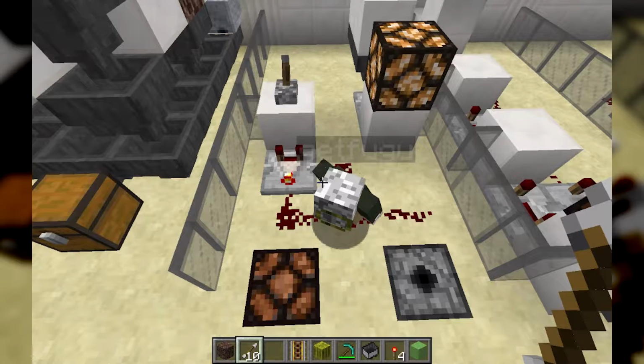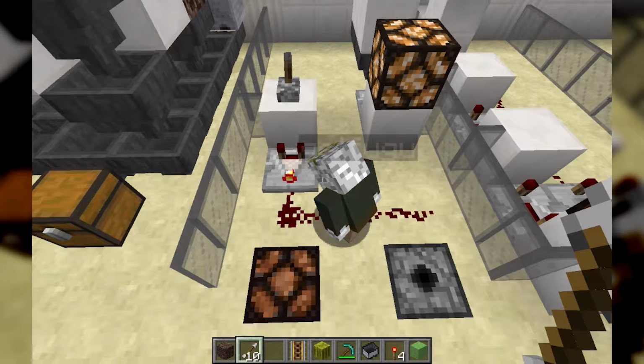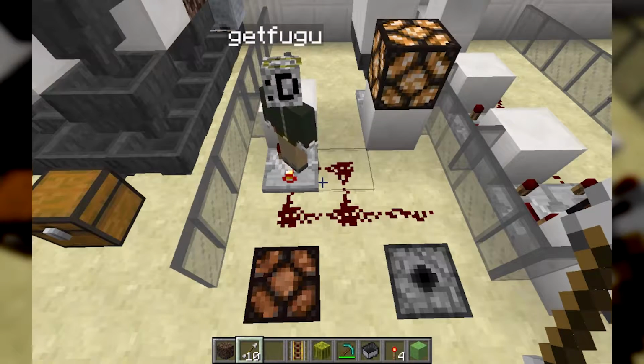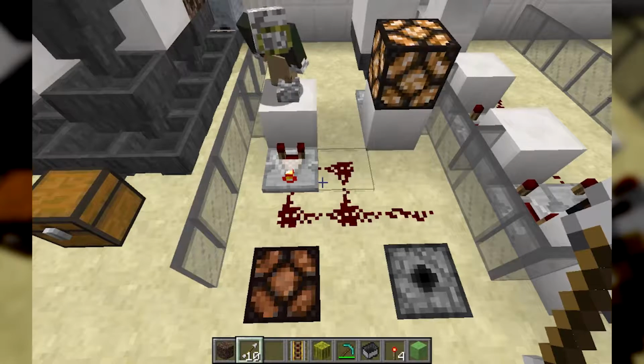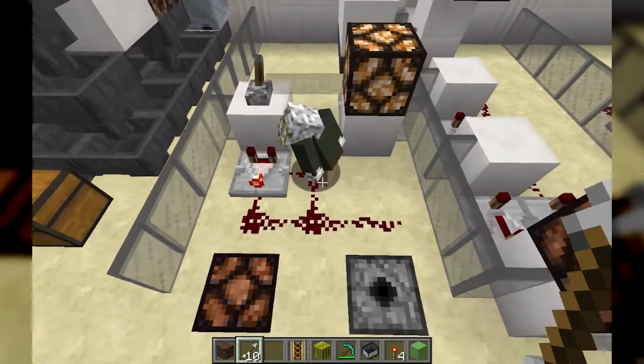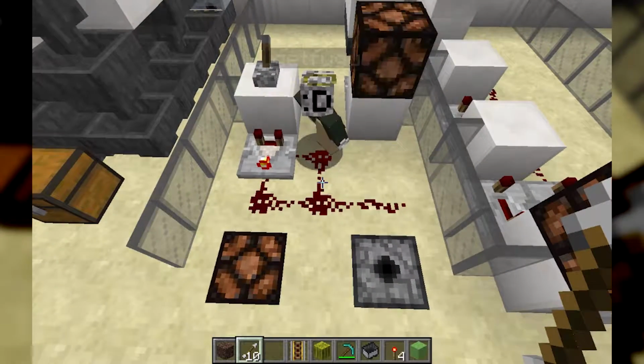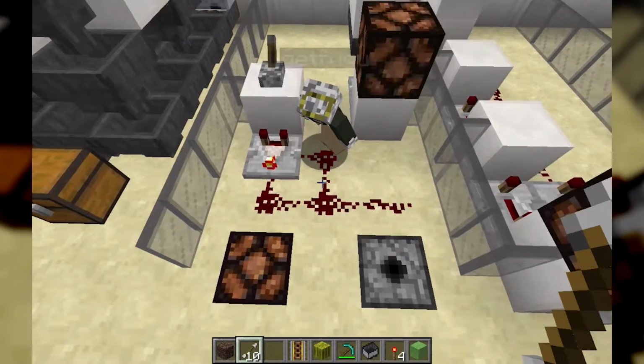So these two are powered. Okay. But now there's nothing to subtract from. So in the next tick that it processes, it says, hey, I'm not subtracting from anything. I should just output this whole 15 that I'm getting from the lever. And it outputs all the 15 again. Right? Yeah. Whole 15.